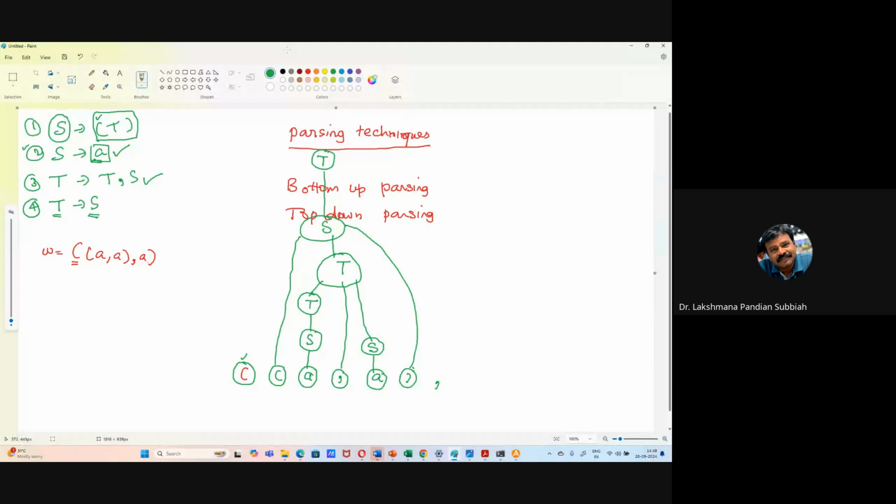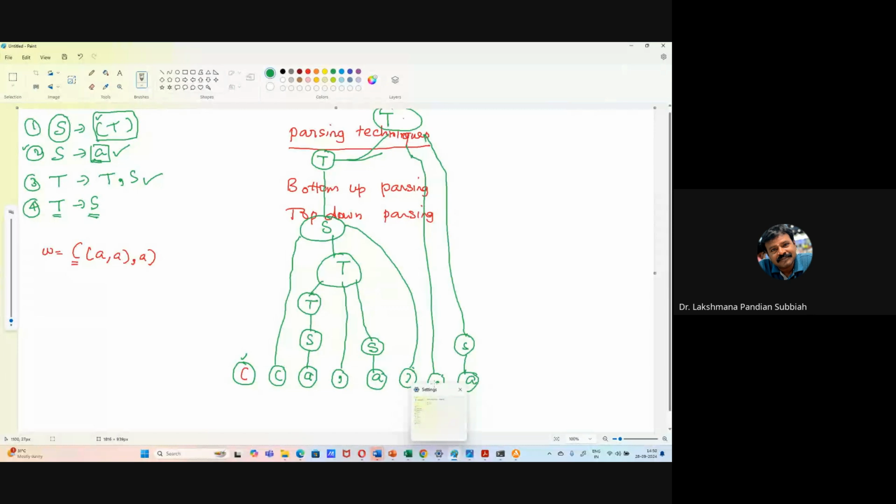Then we are having A. The A is reduced to S. Now T comma S matches, so this T comma S can be reduced by production rule number 3 as T.